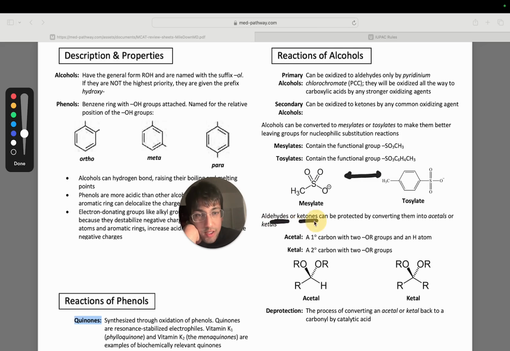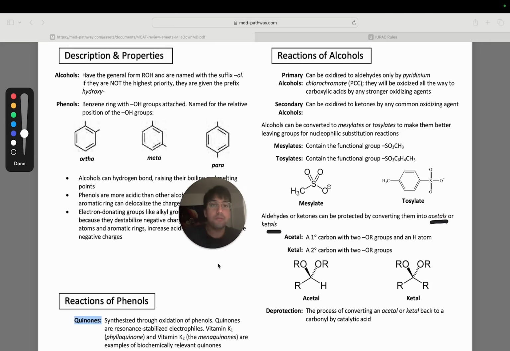Now we have aldehydes and ketones. We just talked about alcohols being converted. Now we want to talk about aldehydes and ketones being protected from conversion. They can be protected by converting them into acetals or ketals.